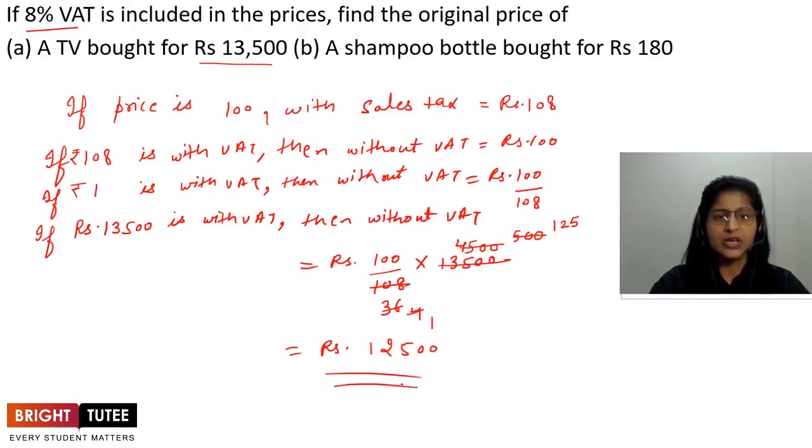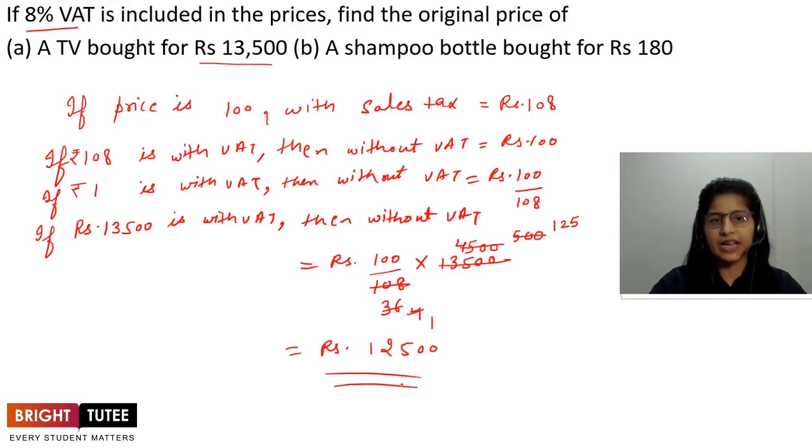Is that clear? So what we were given? We were given the price as 13,500 of the TV and it includes VAT. So without VAT it will be 12,500. Clear? So what we have done, let's revise it. We considered the price as 100 without VAT, then when with VAT it will be 108.